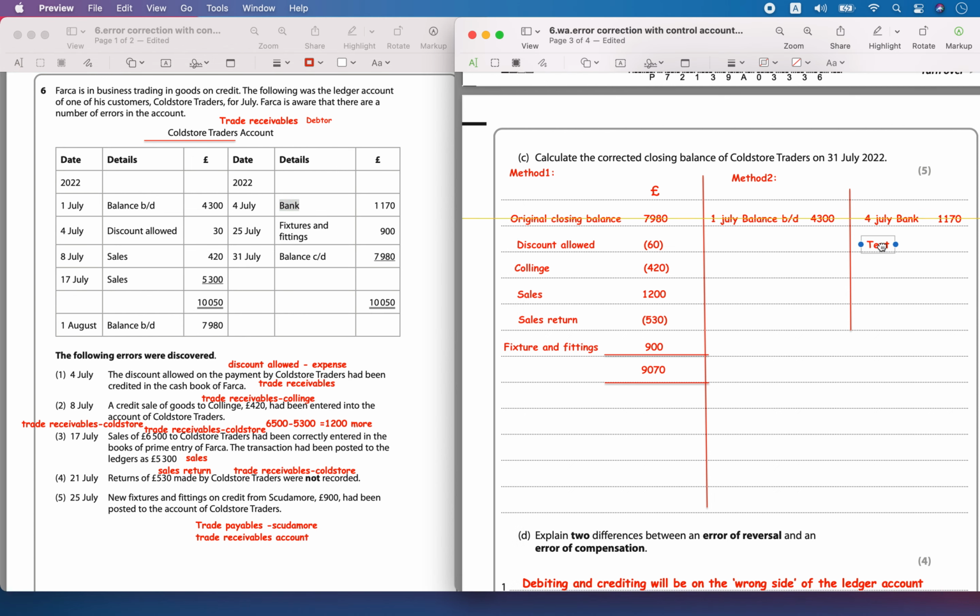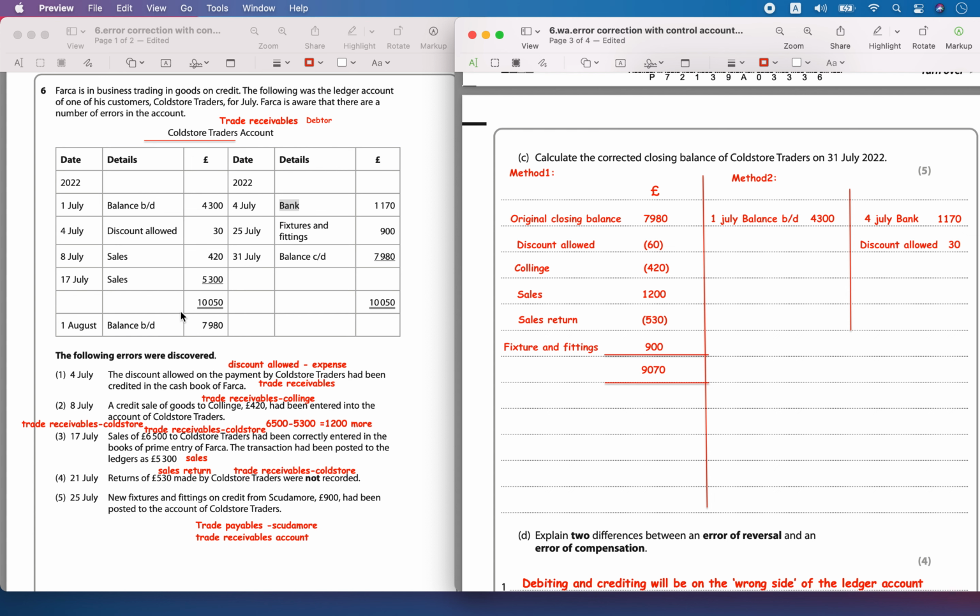The discount allowed was on the 4th July itself, discount allowed was 30.